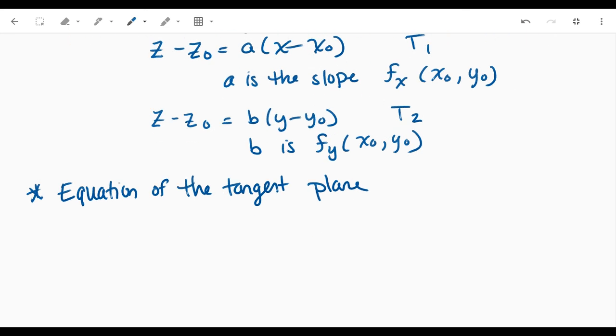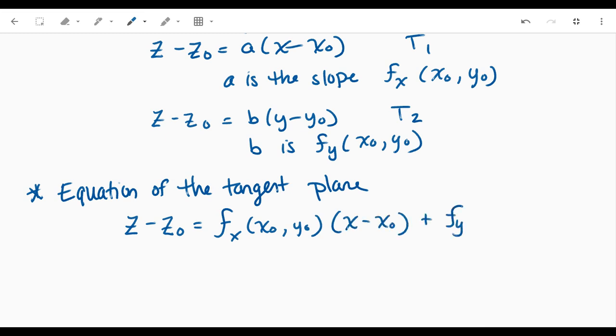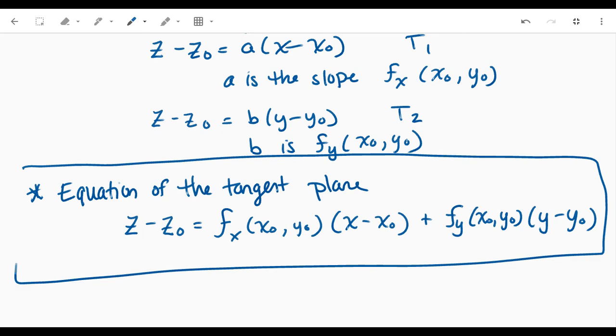But what it all leads up to here is the equation of your tangent plane, which is z minus z naught equals the partial in x at x naught, y naught, times x minus x naught, plus your partial in y at x naught, y naught, times y minus y naught. Ta-da! This is super important.